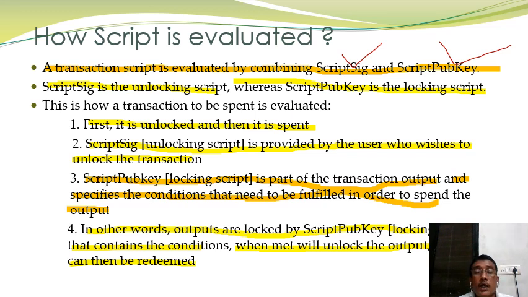So this is how the script is evaluated in the Bitcoin scripting language. There are two types of script, and the unlocking script and locking script together make a valid transaction.